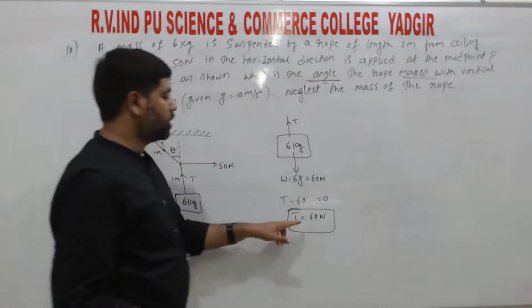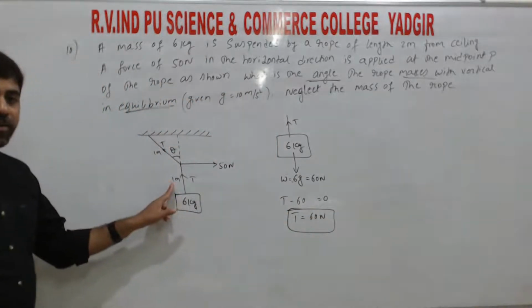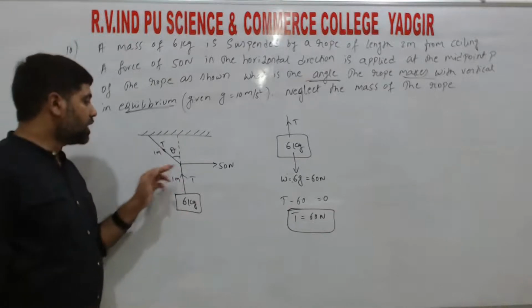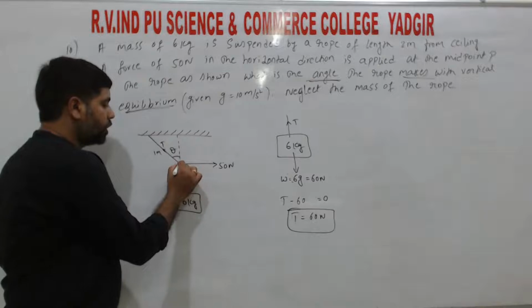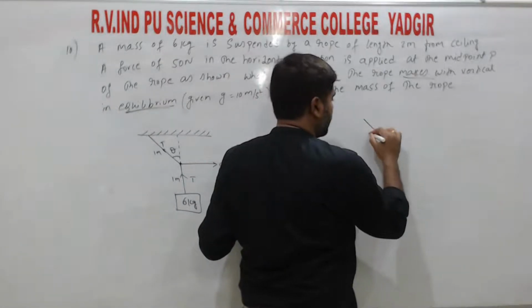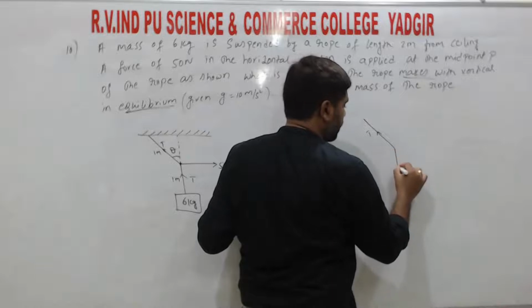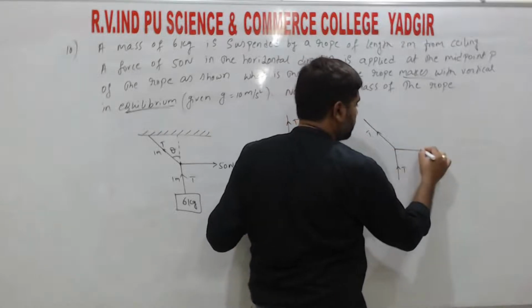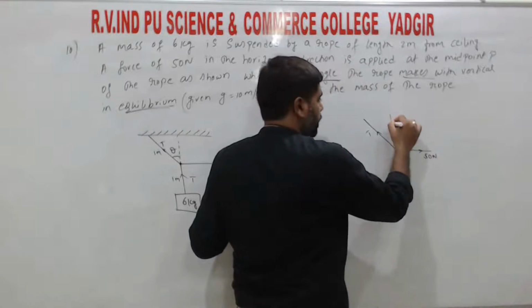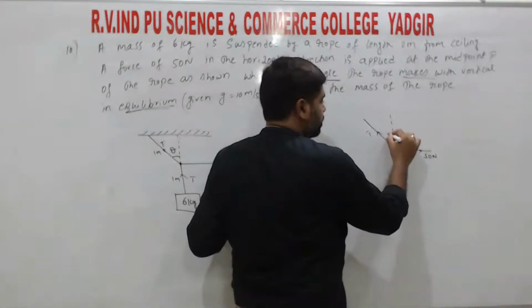So first, we have calculated the tension in the string when the block is at equilibrium, right? Next, at this point, three forces act, right? Here it is T, again here it is T, and here 50 newton. So we need to find the angle theta.